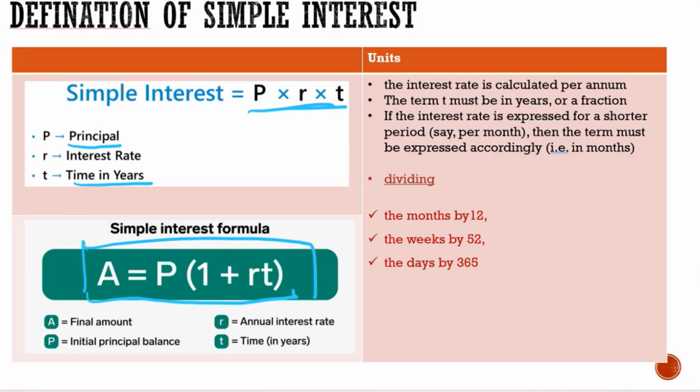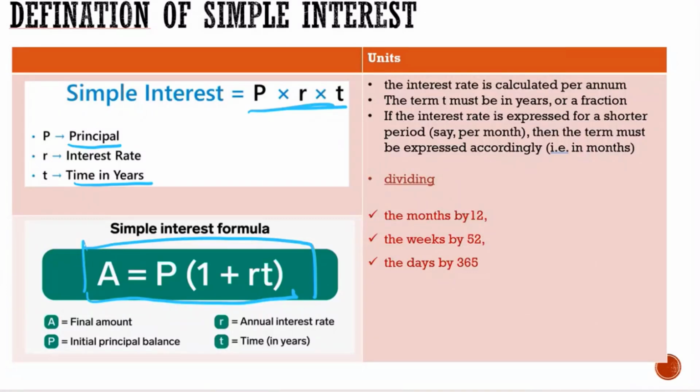Should you find that your interest rate is given in times that are less than a year, maybe a month, you need to divide that amount by the number of periods in a year. If it's quoted in months, you divide what you're given by 12. If it's quoted in weeks, you divide by 52 weeks. If it's quoted in days, you divide by the number of days in a year.